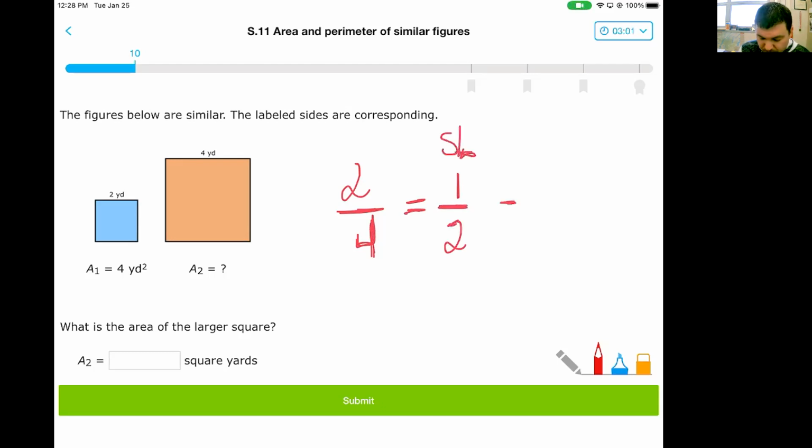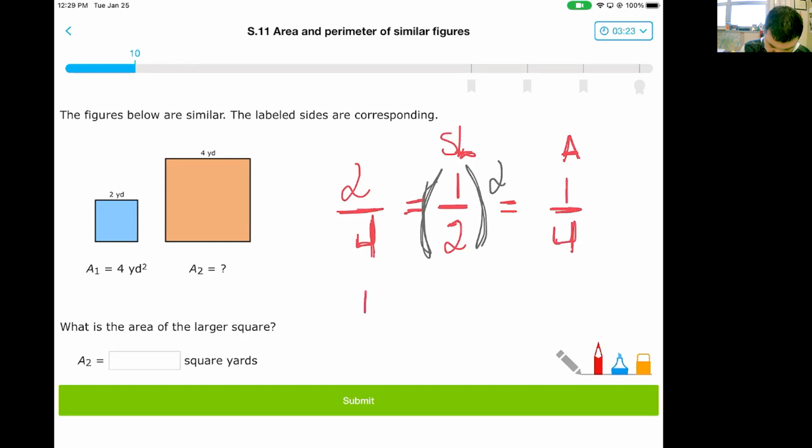Now I know that my perimeter ratio is equal to my side length ratio, so the perimeter ratio would also be 1/2 here, but I don't want the perimeter ratio. I want the area ratio, and the area ratio is equal to the square of the side length ratio. So my area ratio would be 1/4.